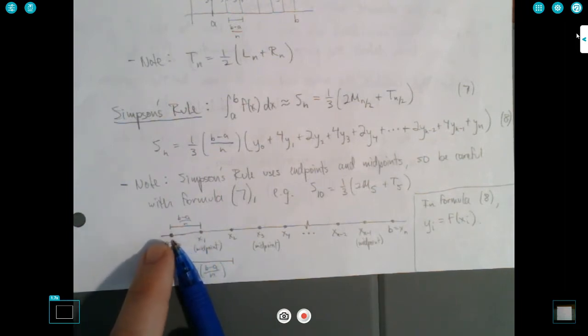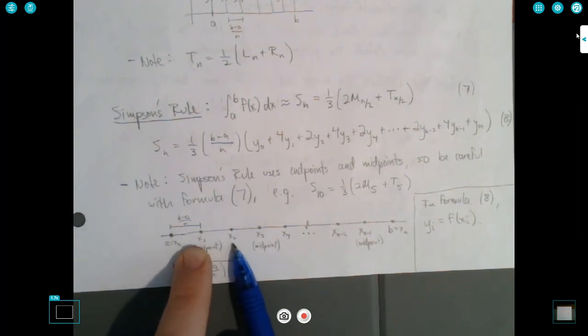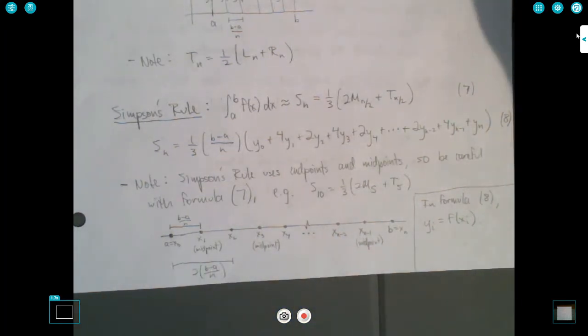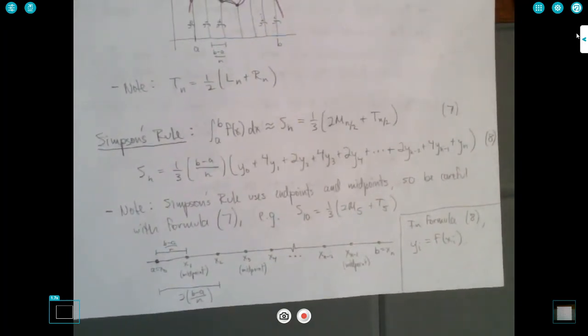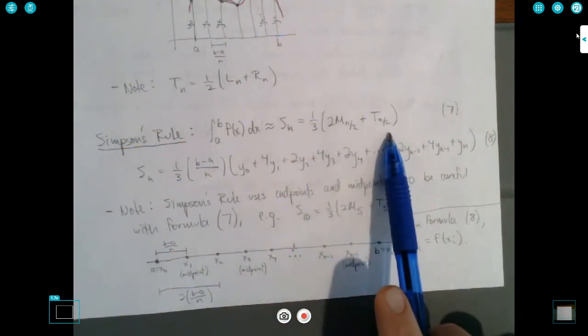Because b minus a over n just gets you from the left endpoint to the midpoint. And then another b minus a over n would get you from that midpoint to the right endpoint, okay? But all of the odd subscripts are actually midpoints. Anyway, so just be careful with that when you're using Simpson's rule. Again, I'll give you an example. So that's one formula that we could use to compute Simpson's rule.